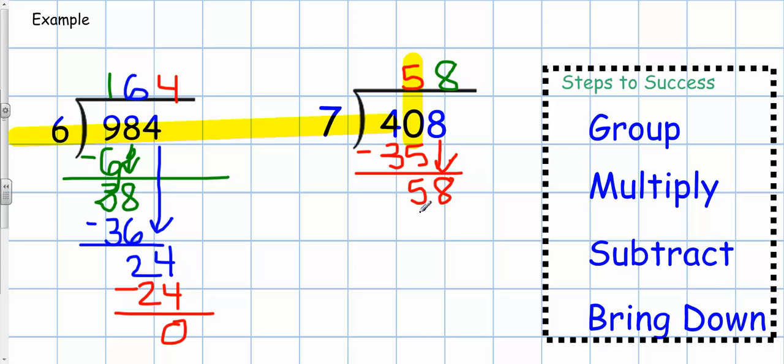So I'm now going to subtract 56. I have 2 left over. When I have leftovers, I'm going to make it into a fraction. So I have 2 left over out of 7. So my final answer is 58 and 2/7.